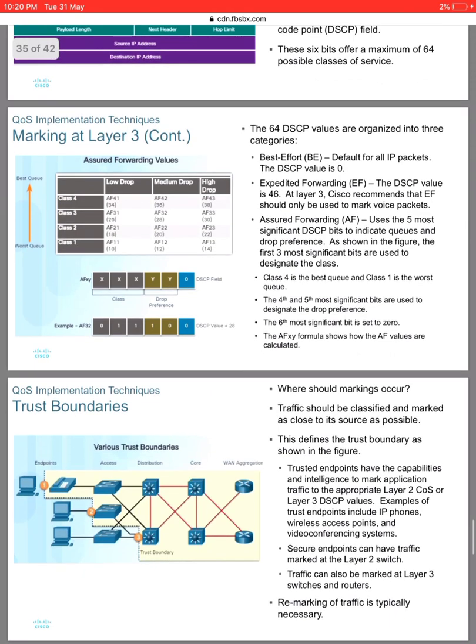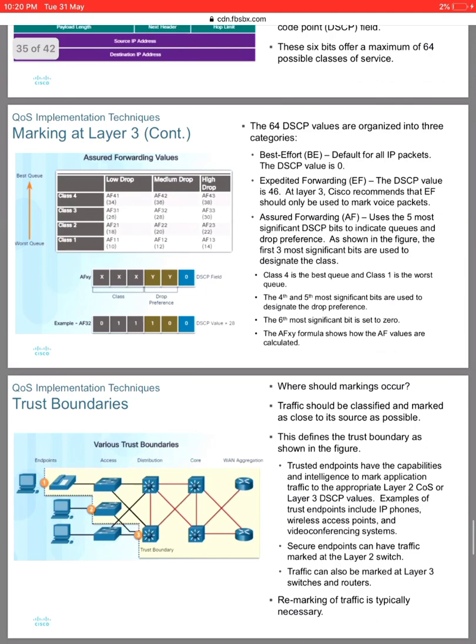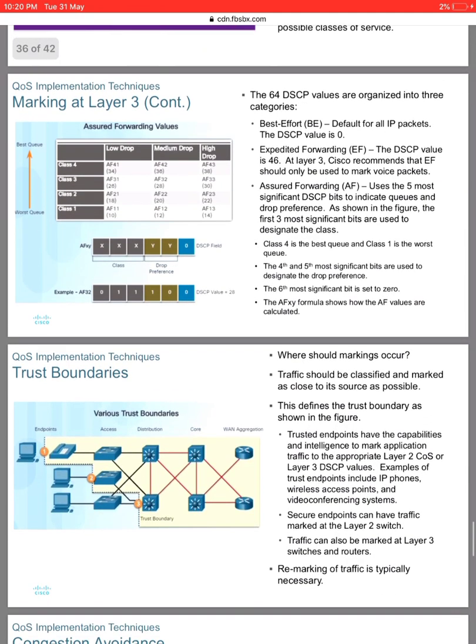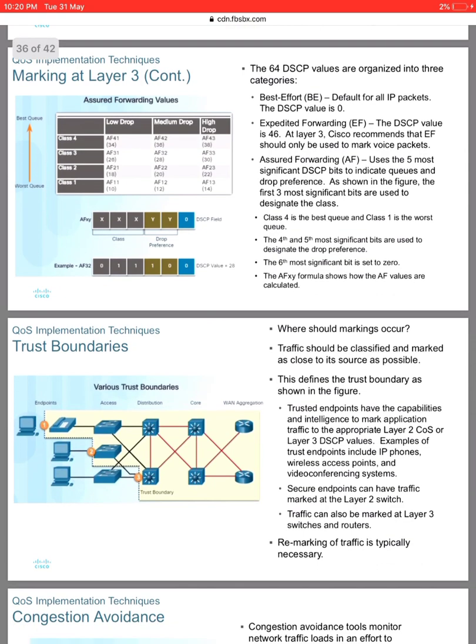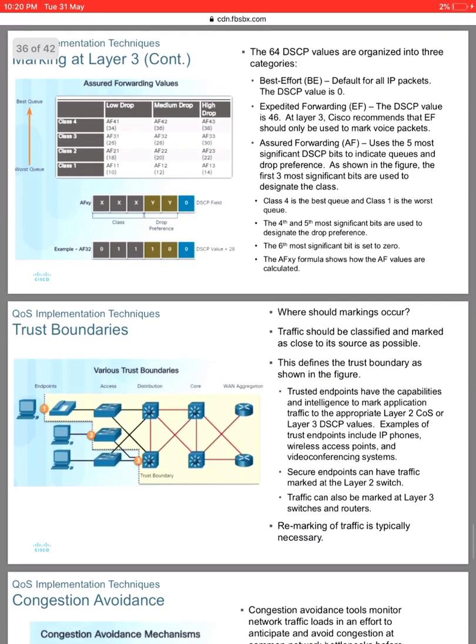Assured forwarding, or AF, uses the most significant DSCP bits to indicate queues and drop preference. As shown in the figure, the first 3 most significant bits are used to designate the class. Class 4 is the best queue and class 1 is the worst queue. The 4th and 5th most significant bits are used to designate the drop preference.